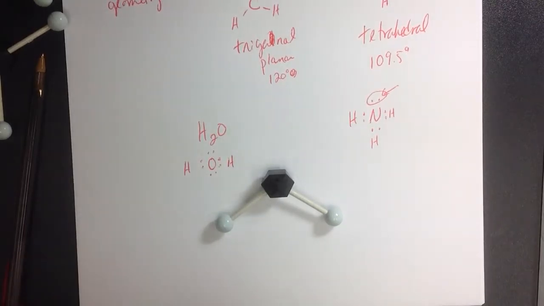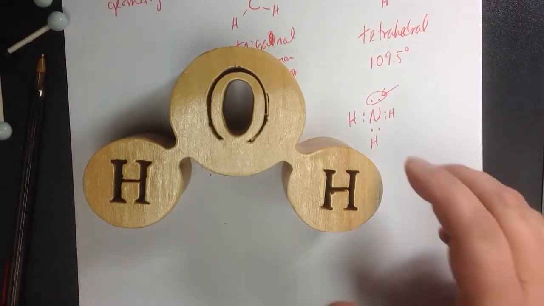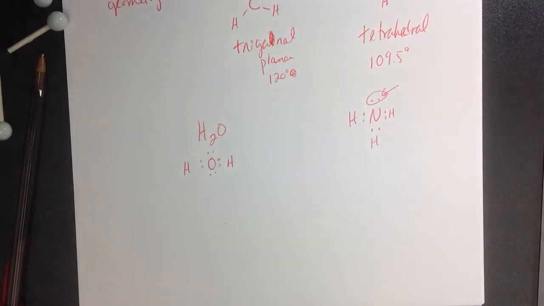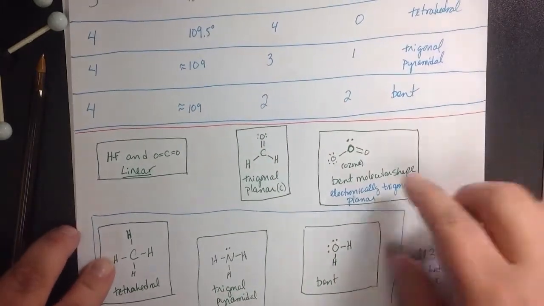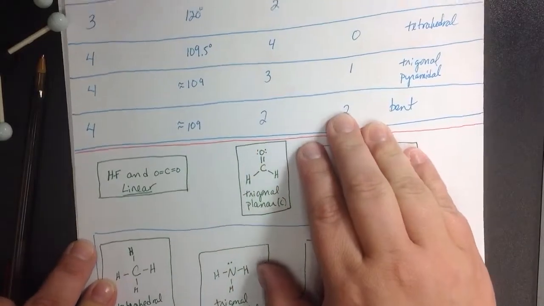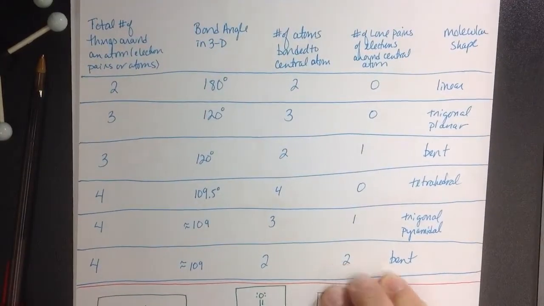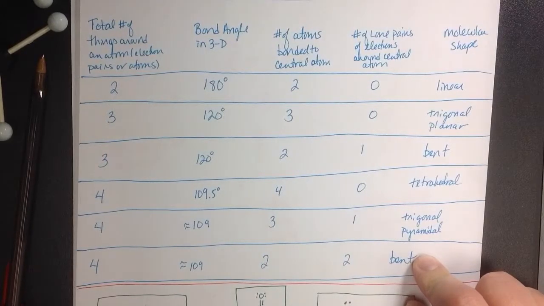Here's how much I love this. Water is bent, and that's the reason why you can even be alive. It's so important in so many other things, which we'll look at a little bit next video. So by having 2 atoms, but 2 of those that are lone pairs, this is a bent molecular geometry.